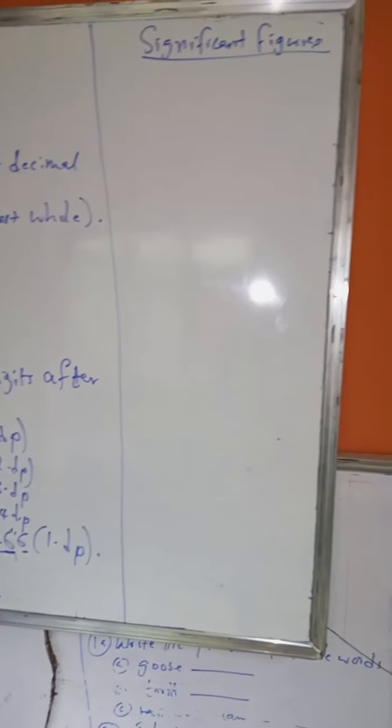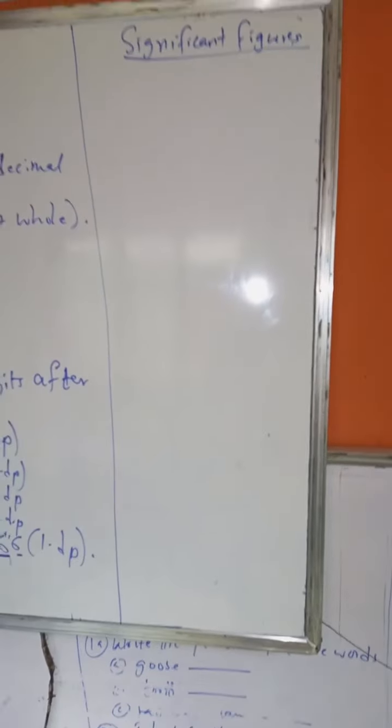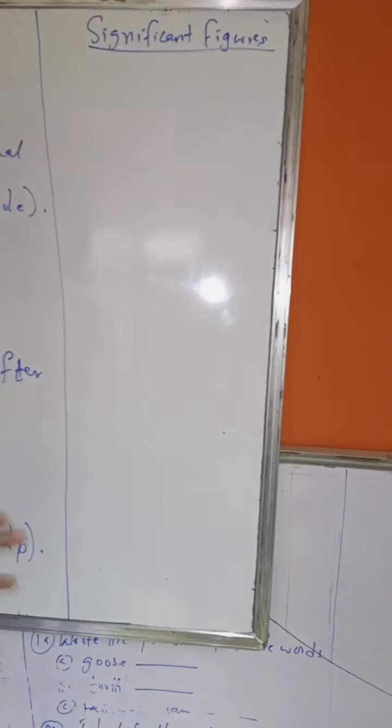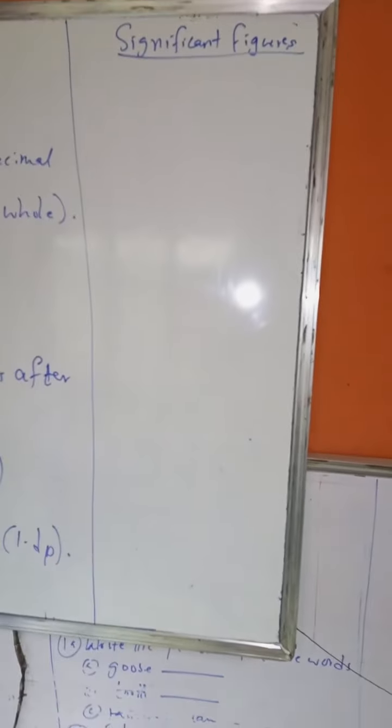Now, significant figures are numbers other than zeros, but zeros could be significant. I said they are numbers other than zeros, that is at the beginning.